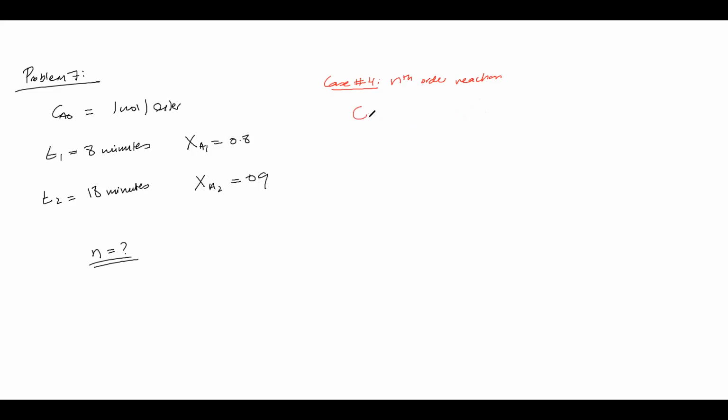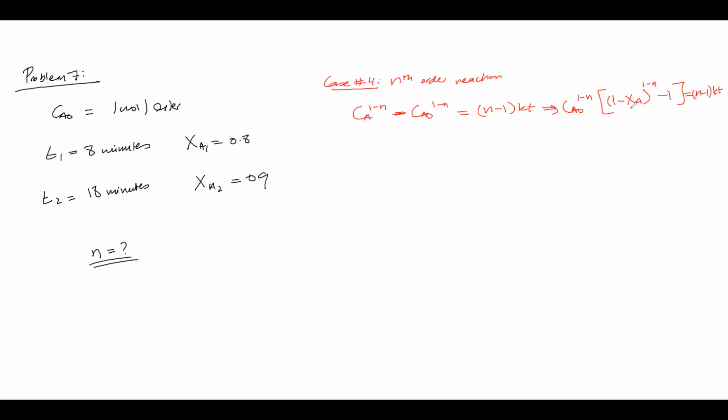So the governing equation is CA to the 1 minus n minus CA naught to the 1 minus n, and this is equal to n minus 1 kt. And if you plug in the equation for the conversion, this translates to CA naught to the 1 minus n into 1 minus XA to the 1 minus n, minus 1, is equal to n minus 1 kt, right?